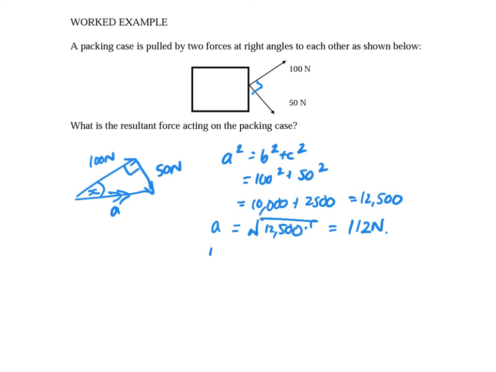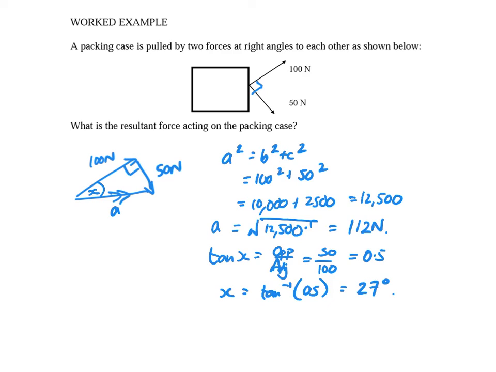So tan x is opposite over adjacent, which here is 50 over 100, it's 0.5, so x is tan to the minus 1 of 0.5. Remember, don't just run everything in one line. Equals 0.5 equals 27 degrees.